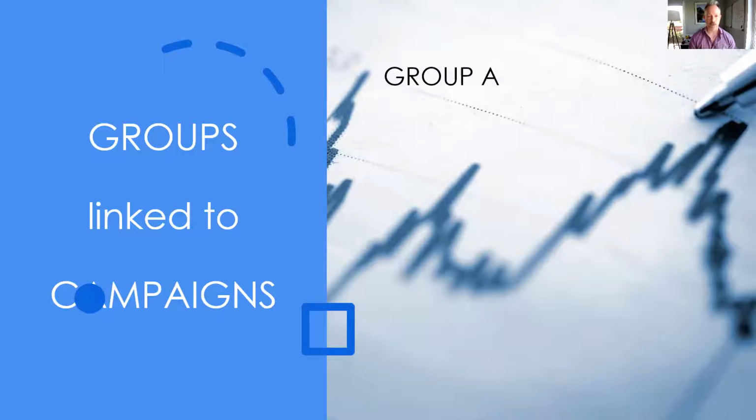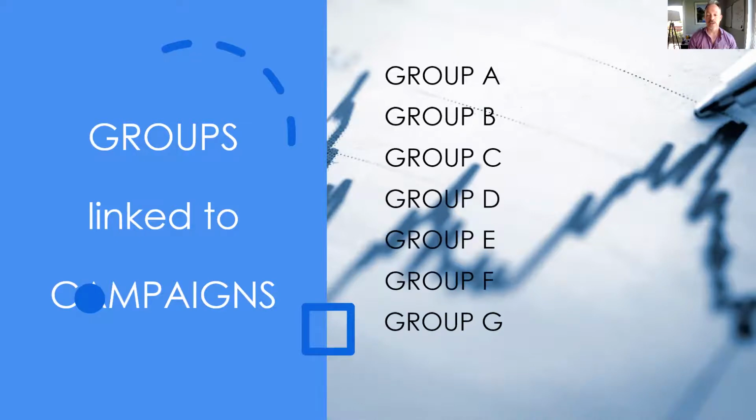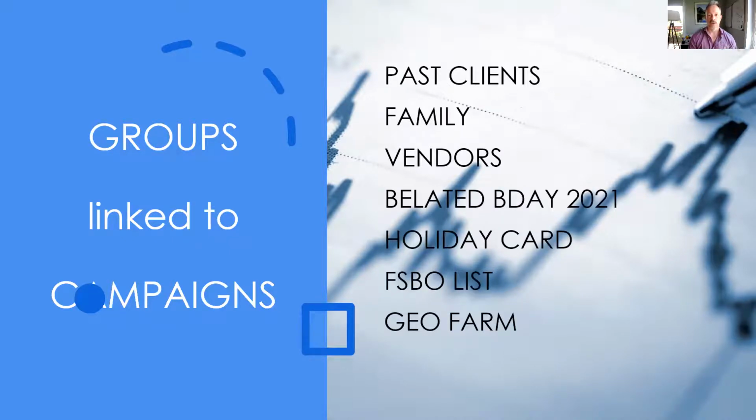I think there are better and more efficient ways to organize your system, but that is an option. But you can see that we have an unlimited number of groups. You can have 50,000 different groups in your address book if you would like. You could call them something as simple as Group A, Group B, Group C, Group D. Or you can customize each and every one of the group names.